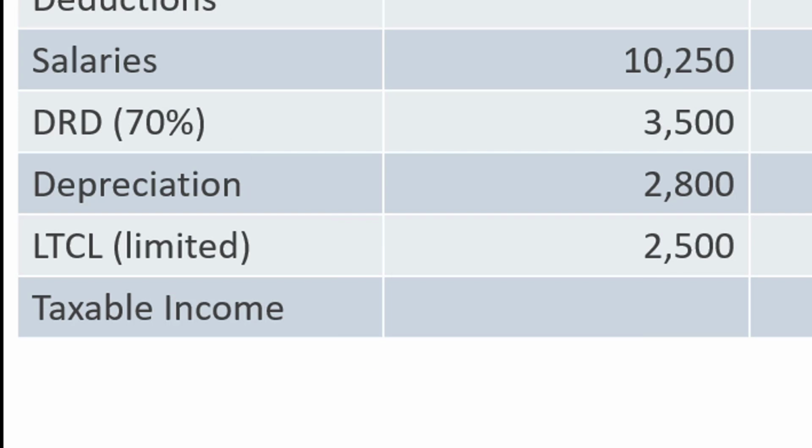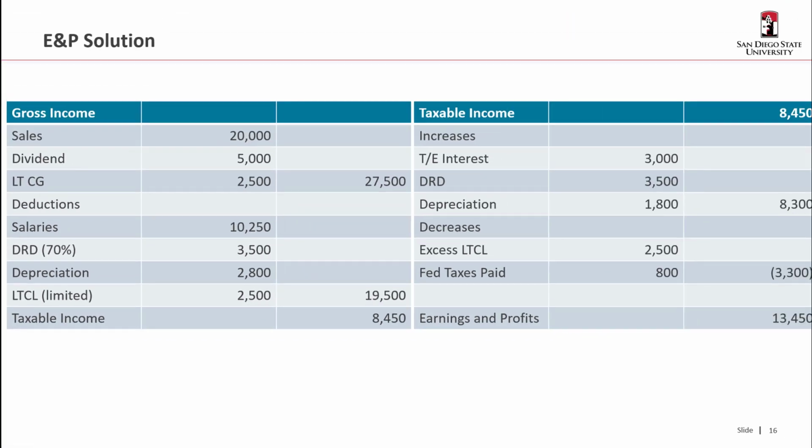Sorry, 70 would be at 50%. Then depreciation and the long-term capital loss, which would ordinarily have been limited. So we get to deductions of 19.5. That gives us taxable income of 84.50.